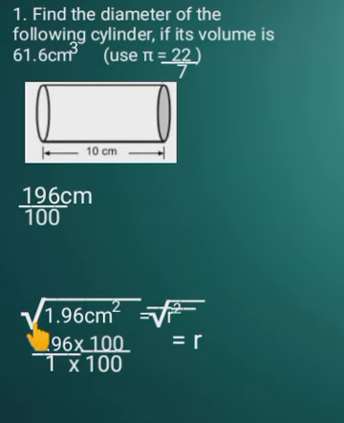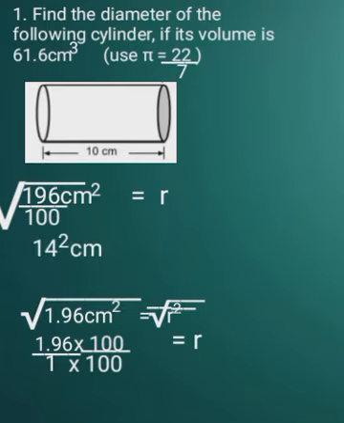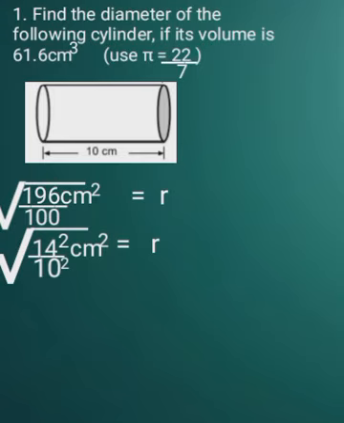So here you will put, remember it is in the under root sign, equal to r. So writing this one is like writing 14 squared, and this one is like writing 10 squared. So you remove the square, this sign and this sign cancel out.